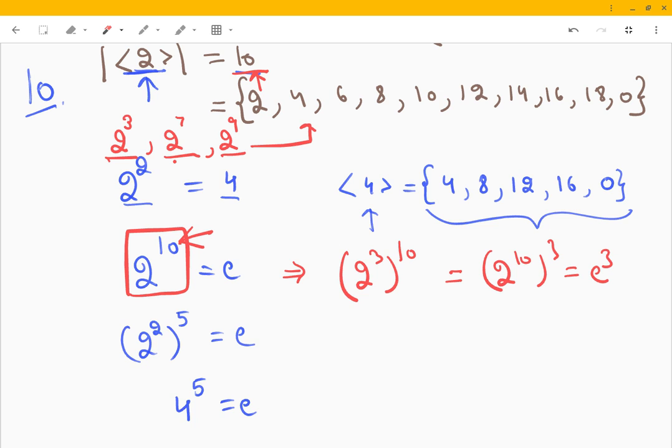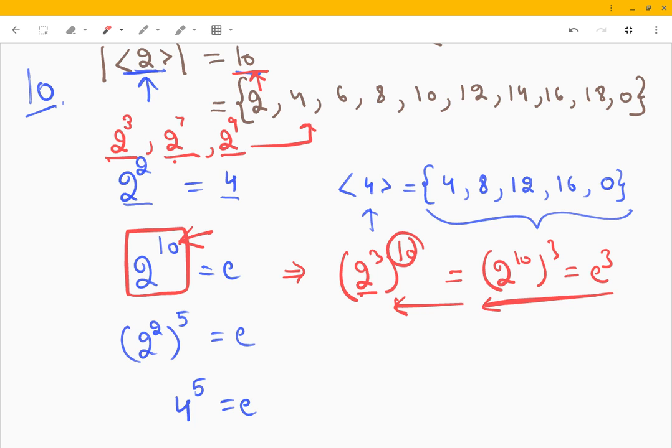I'll use this and then go to this, and from there I'll figure out that 2 raised to the power 3 has order 10. If still confused, watch it again or just ask me.